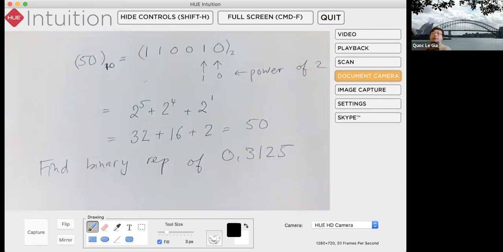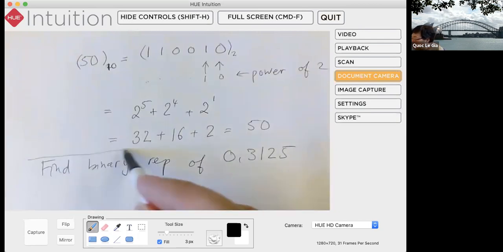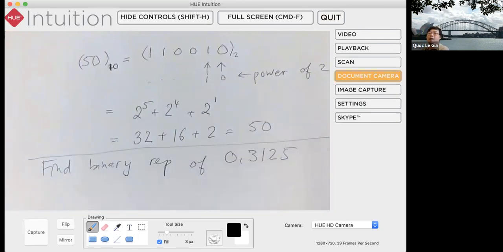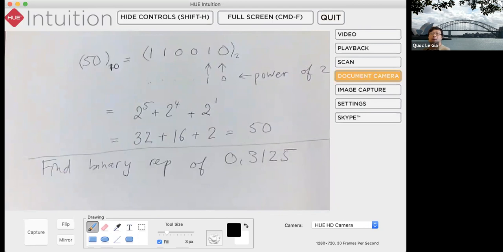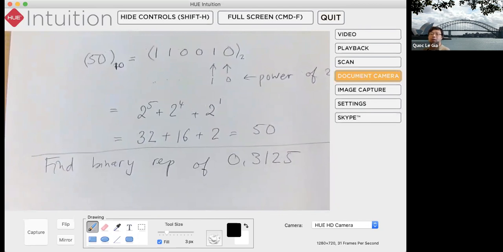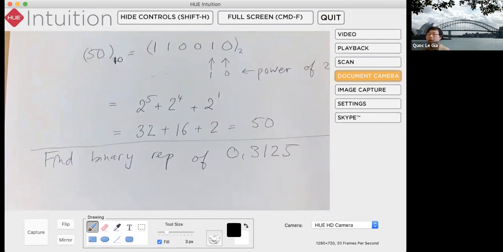Now you cannot use the previous algorithm, because it asks you to divide by 2, and here definitely you cannot do that. So you need another algorithm. There is a simple algorithm for you to do that. The algorithm is, you just take the number x.